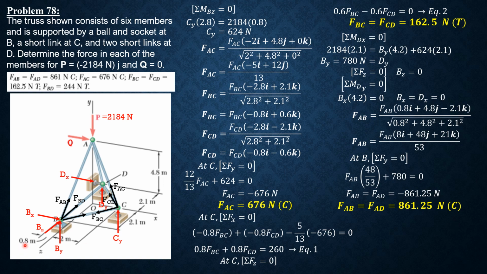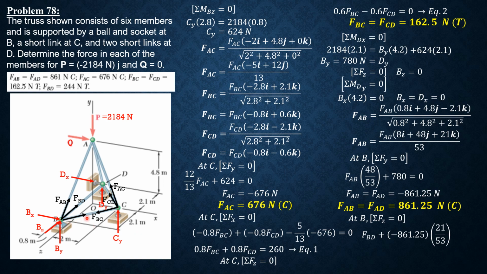Then finally, summation of forces along z equals 0. We have Bz 0, remember? So negative of FBD, because it is backward, then the z component of FAB is 21 over 53 times negative 861.25.